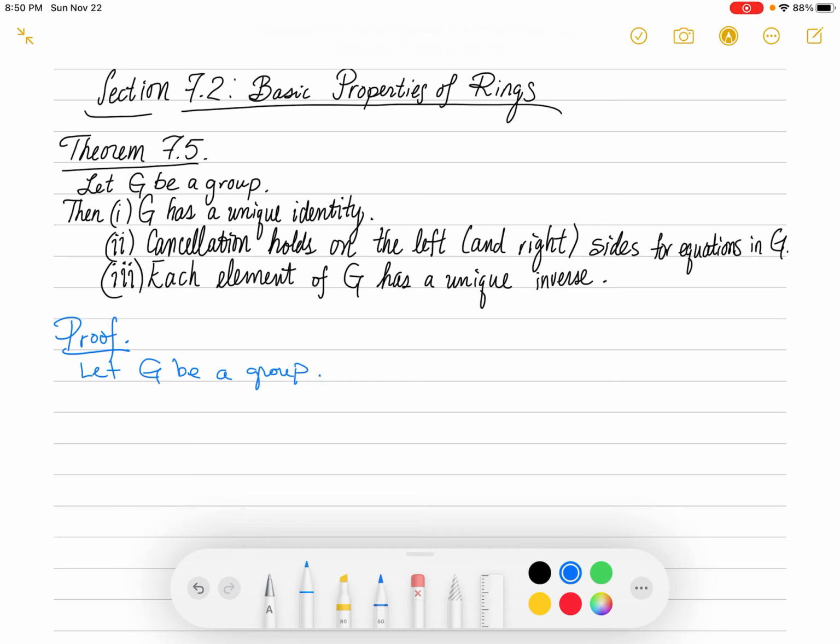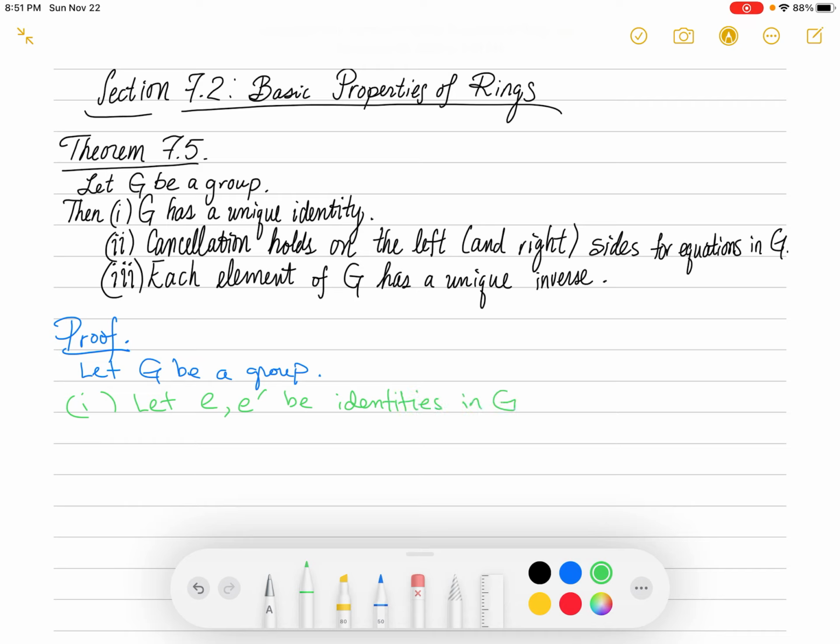Number one, we want to show there's only one identity. So we always know there's an identity, right? So let E, and also let's pretend there's another identity, E prime, be identities in G.